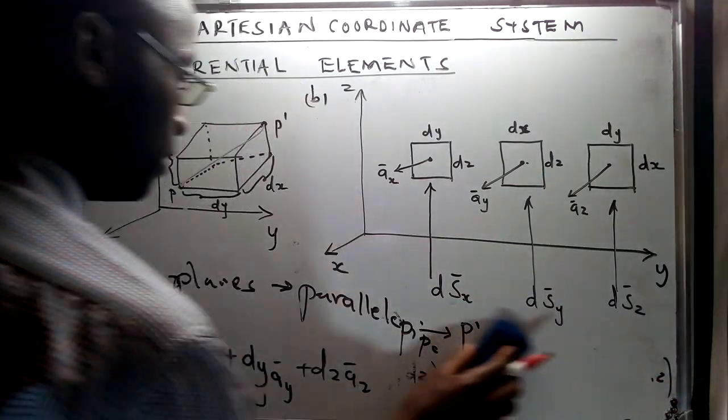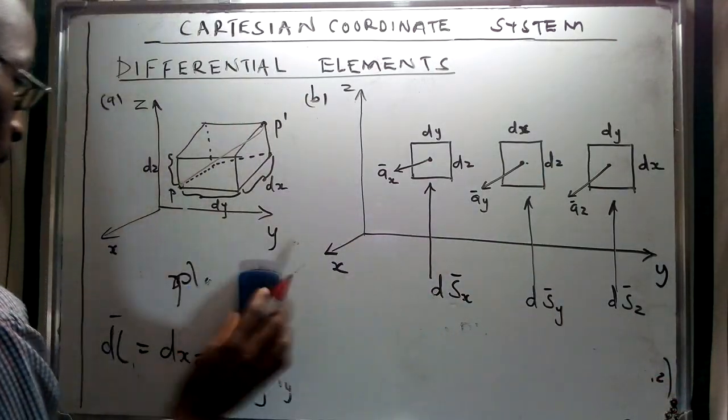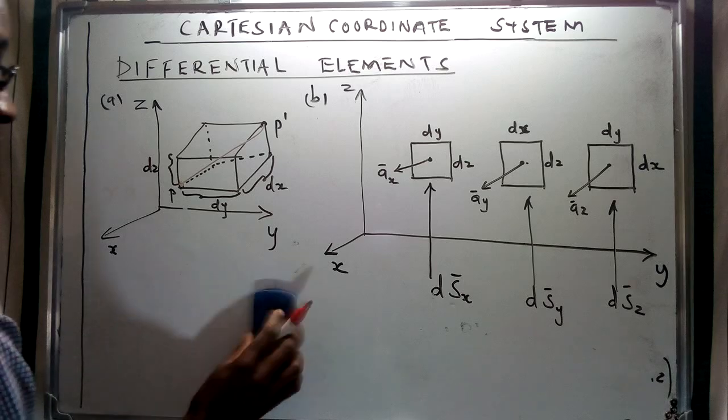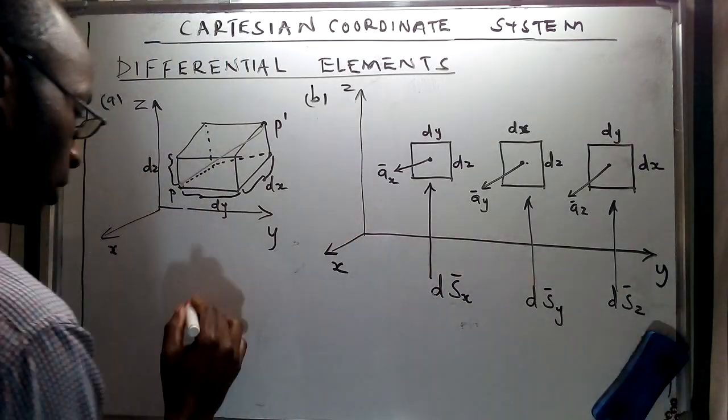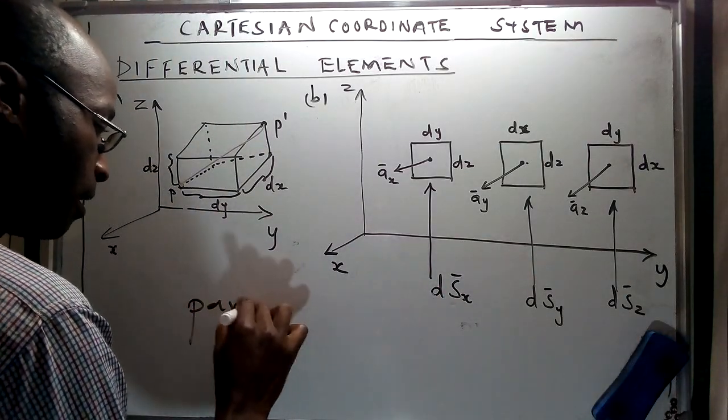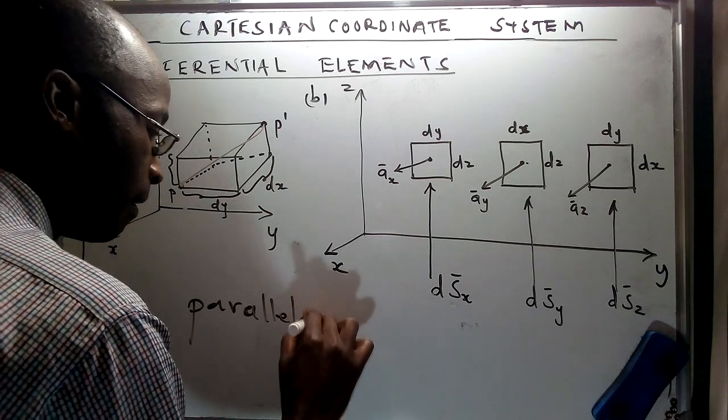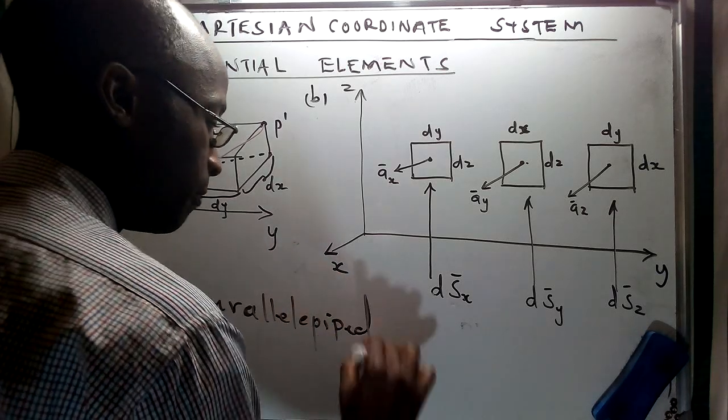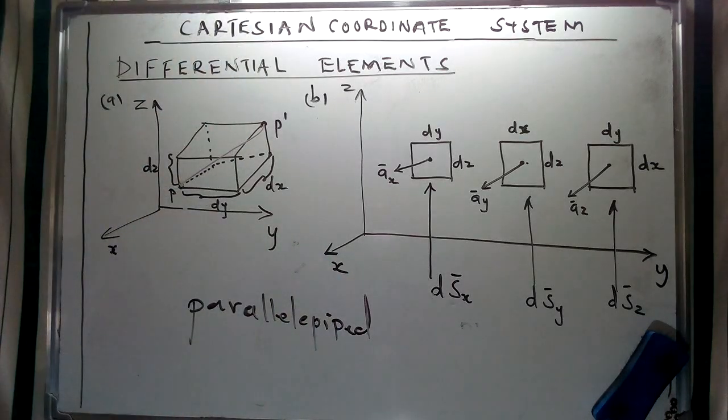So the intersection of these 6 planes for P and P prime, which are surfaces, creates a parallelepiped, which is a differential volume, illustrated as the first case that I've given for A.